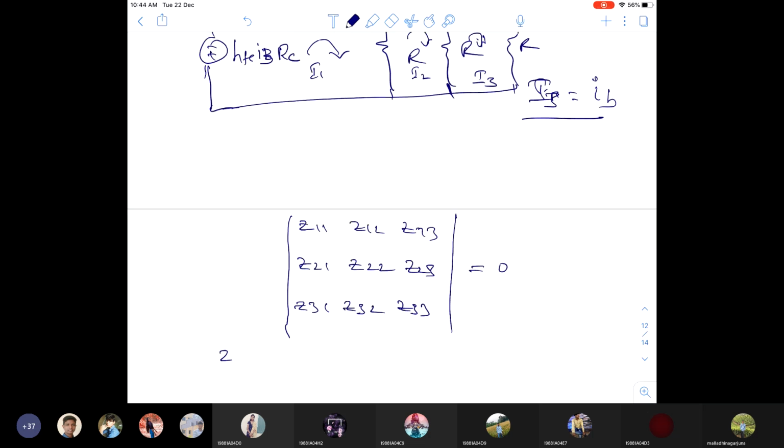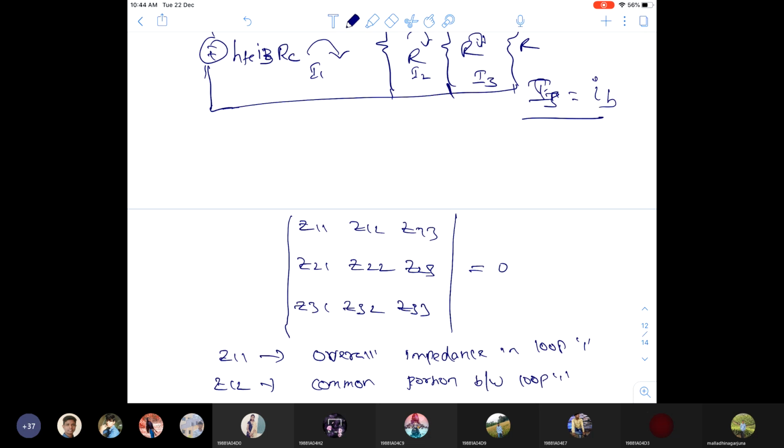Z11 is the overall impedance in loop 1. Z12 is the common portion between loop 1 and loop 2.